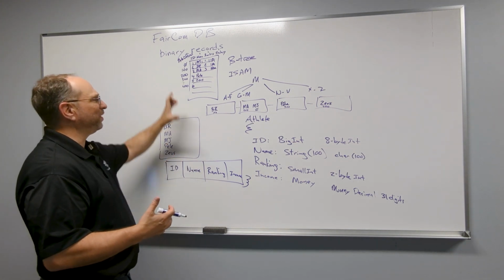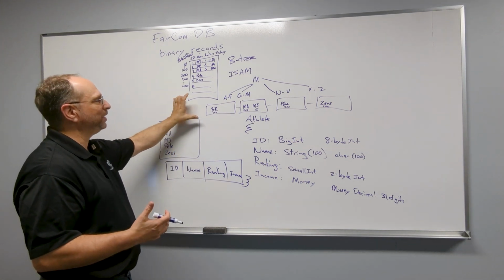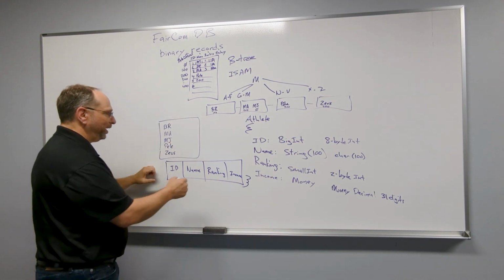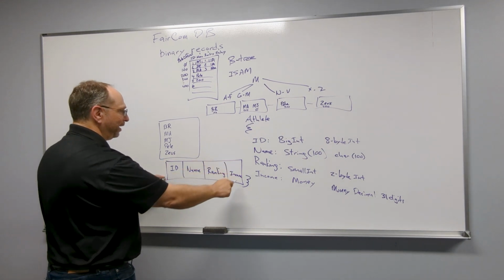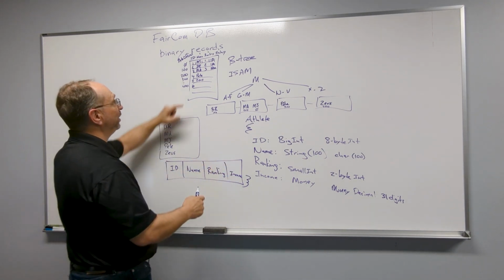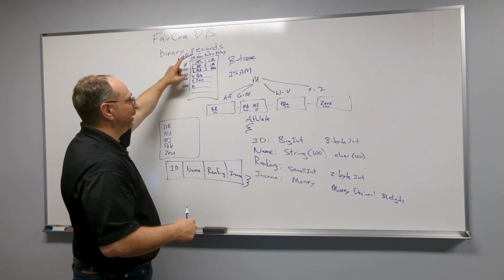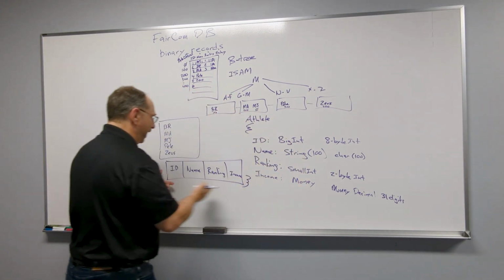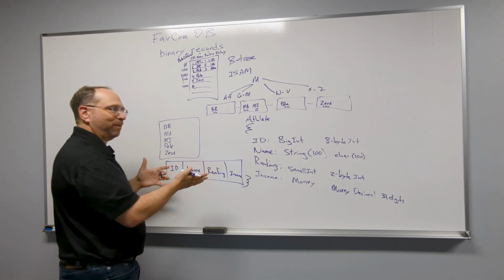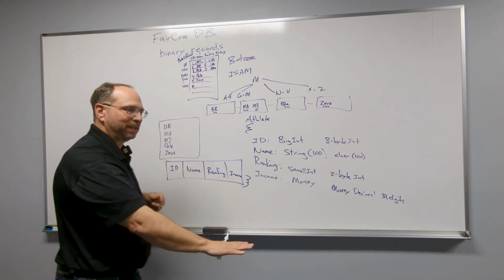Now, how does this work with a database? Well, with FairCom's engine, what we do is we say we will store the data that you have in your buffer directly in the record, and that's what ISAM does. So we take your C structure here, and you store it straight into the record buffer, and it writes it to disk.